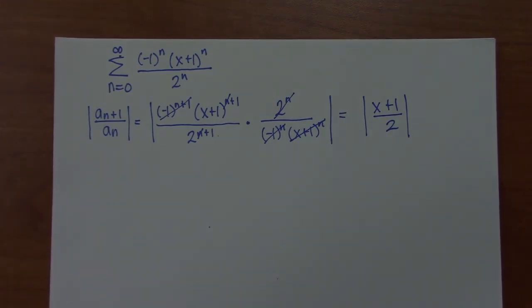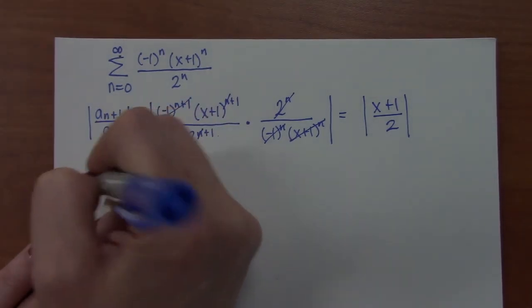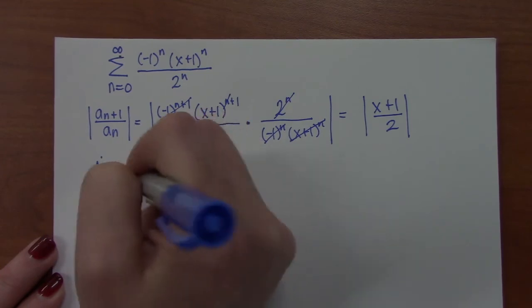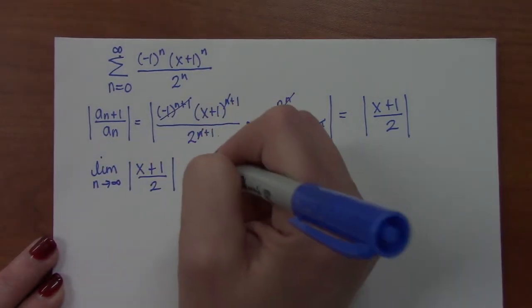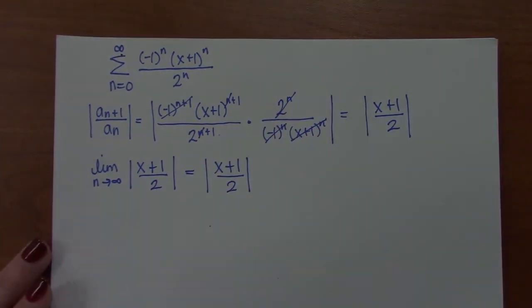So all of our n's went away. But I still need to see the limit. And since this is just a constant, right, the limit of a constant is just itself.